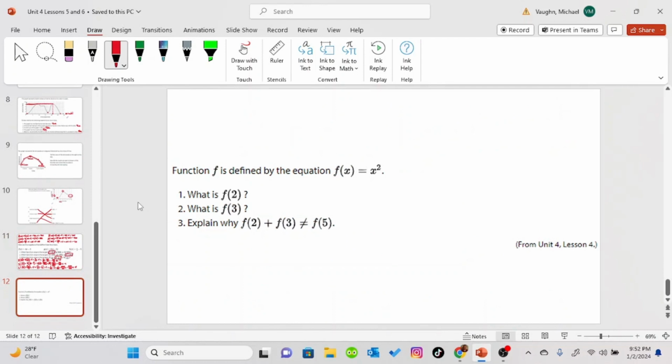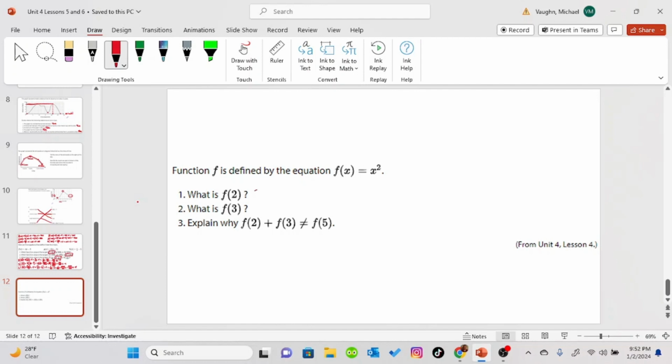And the last practice problem in lesson 6, function f is defined by the equation f of x equals x squared. What is f of 2? To find this, we substitute 2 in for x.